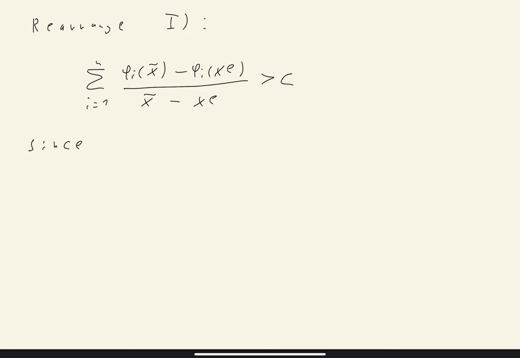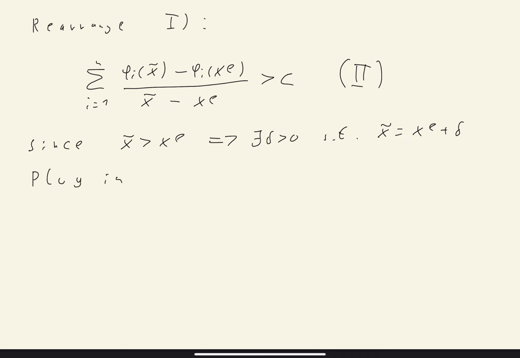Now, since x tilde is strictly larger than x E, it follows that there exists some delta, which is strictly larger than 0, such that x tilde is equal to x E plus delta. And let us call this inequality here, inequality 2. So we plug in for x tilde this expression here into condition 2.